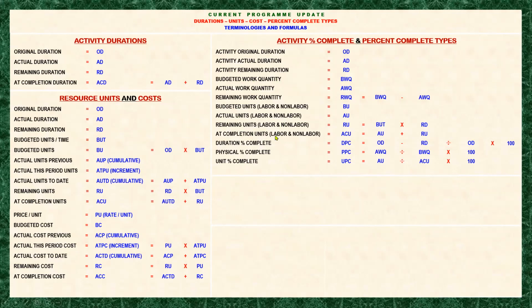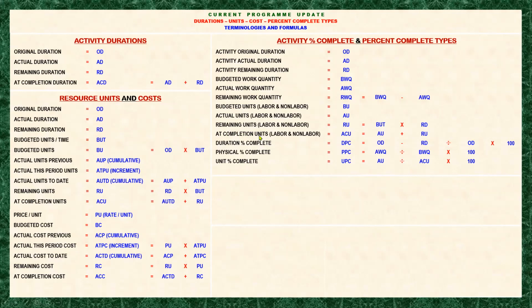But when you are updating the schedule, the at completion units will not always be the same. Mostly, it will not be the same because it depends on the performance of the resources.